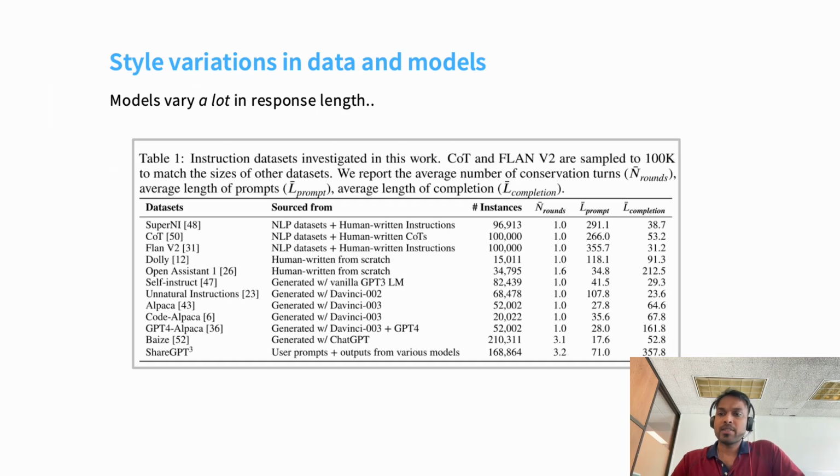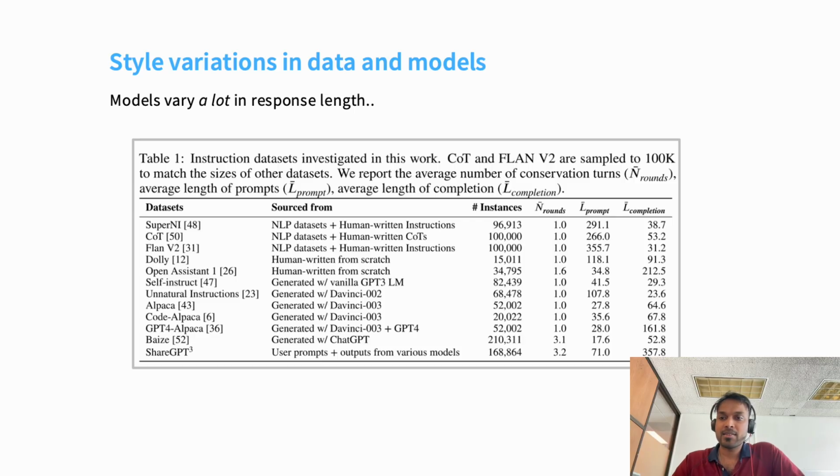One important thing to consider, for instance, is that models vary a lot in response length, and many of these benchmarks that we see vary in the number of tokens used for the prompt as well as for the completion. So, for instance, here, most of these data sets have a very different number of tokens for prompt and completion.